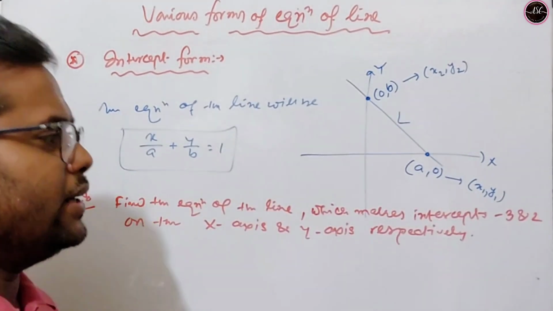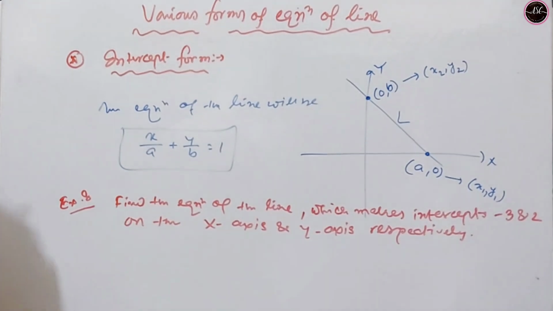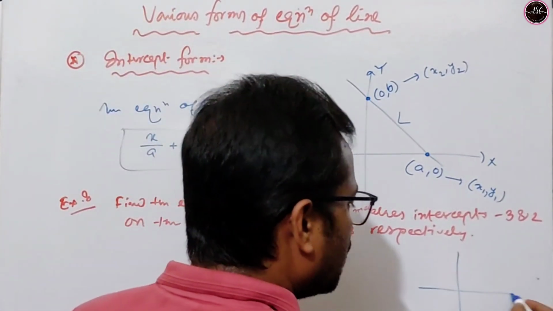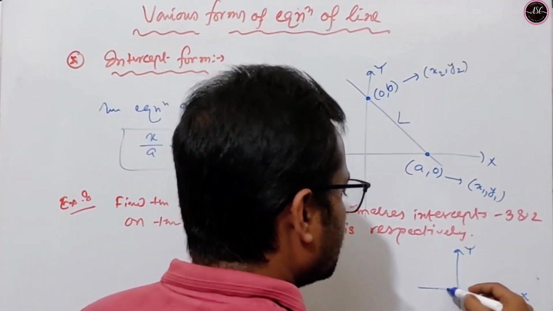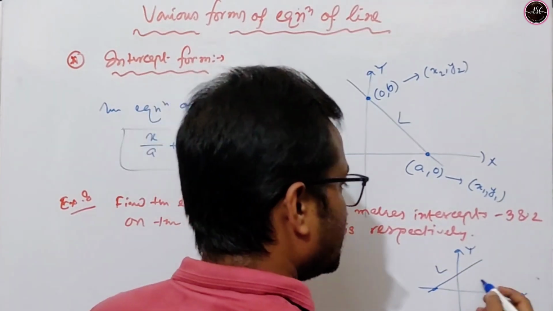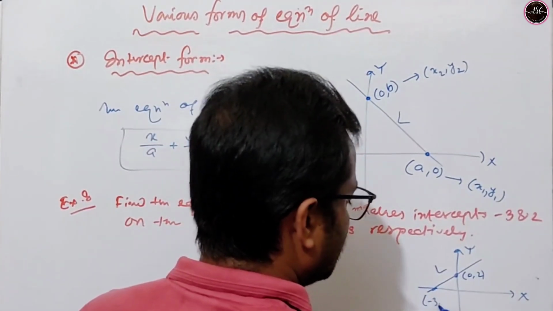Just look at this question. Find the equation of the line which makes intercepts minus 3 and 2 on the x axis and y axis respectively. If we draw the coordinate plane and the line like this, this is the point (0, 2) and this is the point (minus 3, 0).